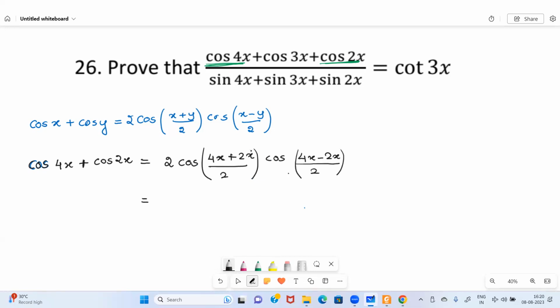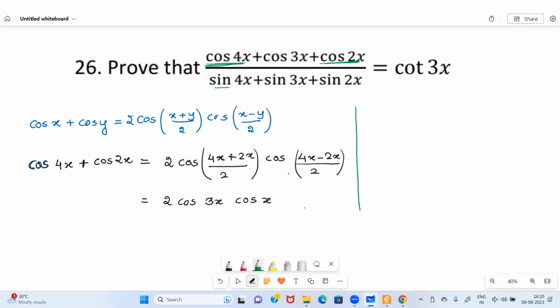So this can be written as 2 cos 4x plus 2x is 6x, 6x by 2 is 3x, into cos 4x minus 2x is 2x, 2x divided by 2 is x. All right, students. Now, next.